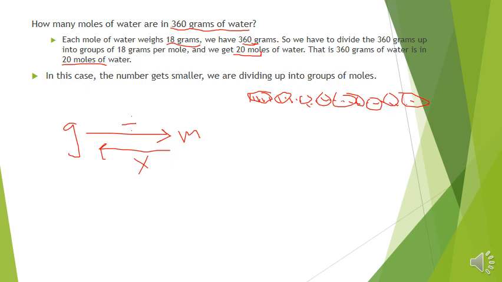So if you have 5 moles, and each one is 18, you empty out 18 5 times, and so you end up with 90. So when I say these words, they mean something to me. When I just say divide and multiply, I don't just mean the math involved. I actually mean the concept of what they stand for.